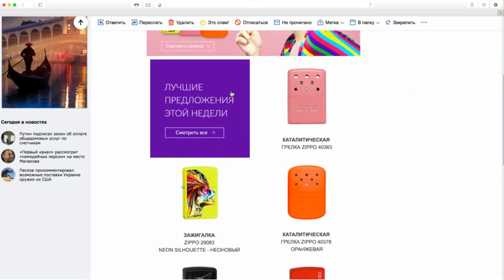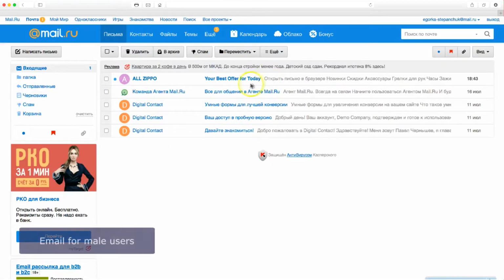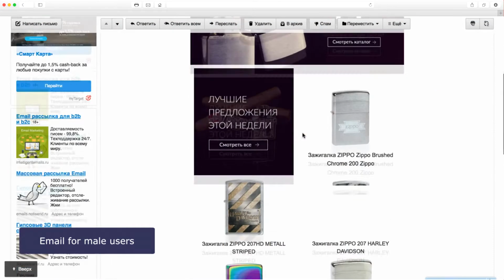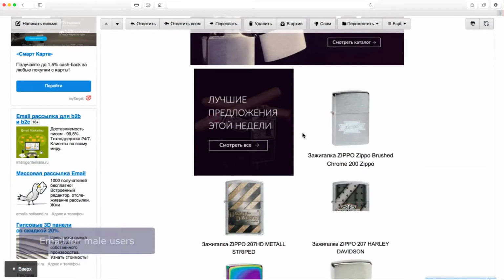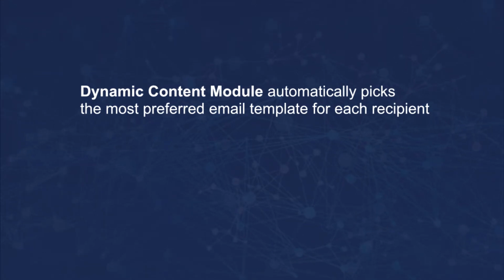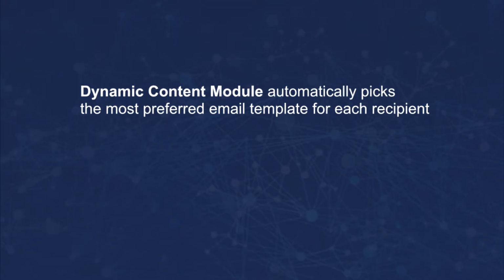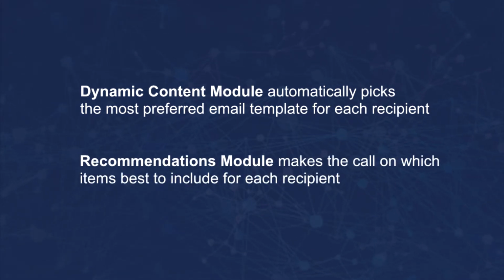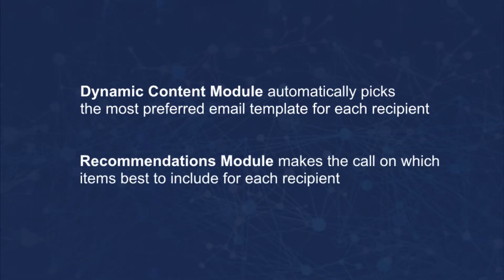Second recipient, however, got a male targeting one, and we can see that the recommendation module includes a whole different set of items, not the ones we have selected initially. Therefore, the dynamic content module automatically picks the most preferred email template for each recipient. And the recommendations module makes the call on which items best to include for each recipient.